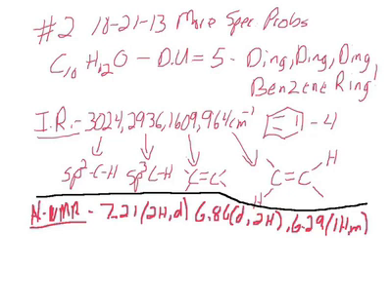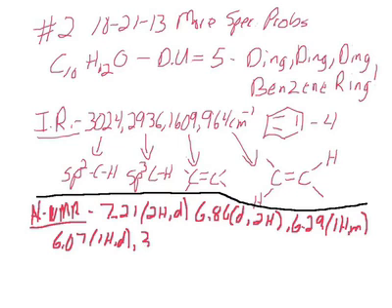So multiplet means you're being split by what? Two different types of neighbors, right? We also have a peak at 6.07, worth 1 H, a doublet.